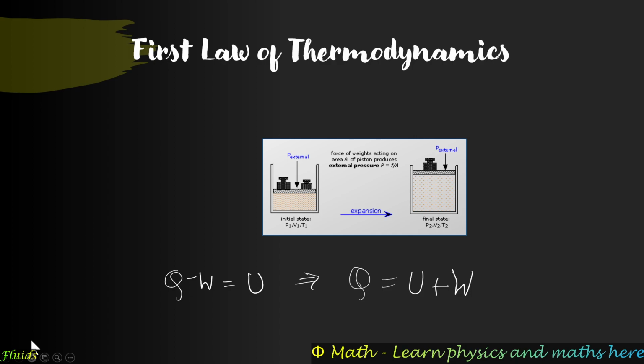So now the thing that we have learned in chemistry is that if work is done by the gas, the gas gets tired. If this is a system, in chemistry we say that if heat is given to the system, we take it positive, because now the gas has become energetic. While if the gas does work or gives out heat, the gas gets tired and we take it negative.